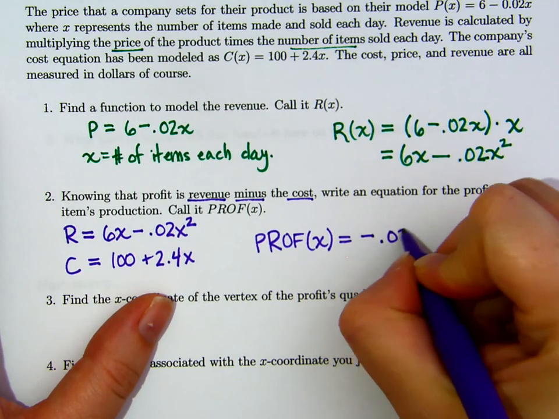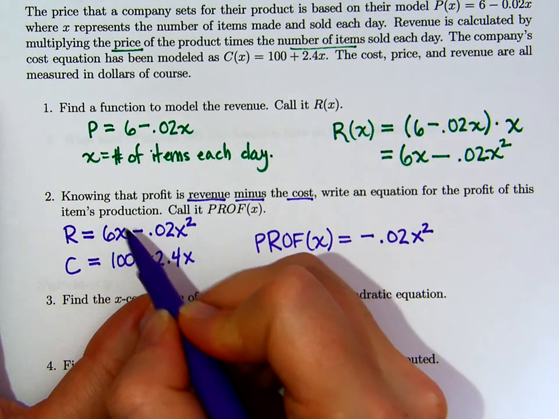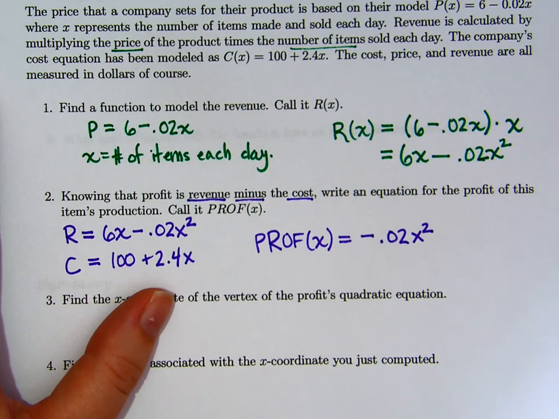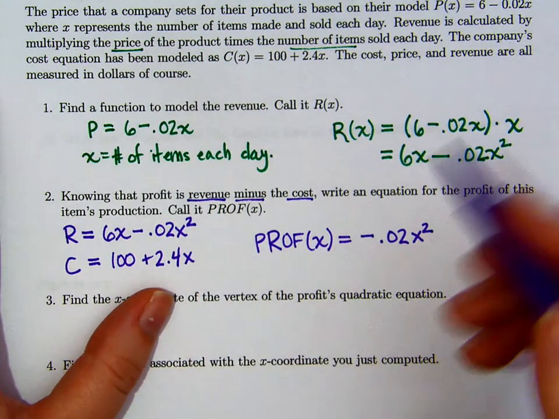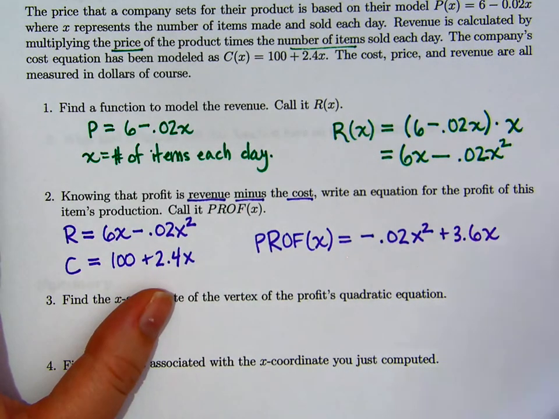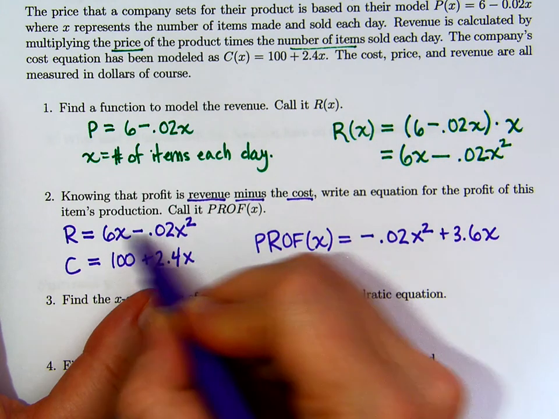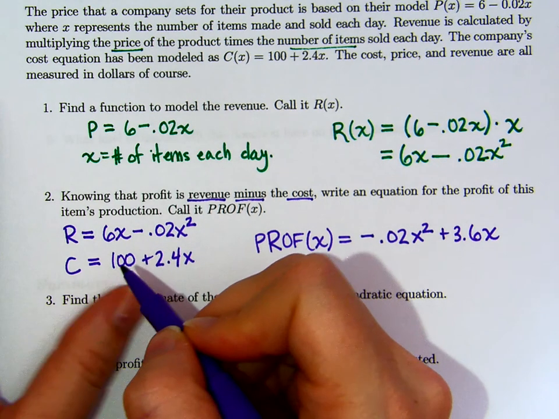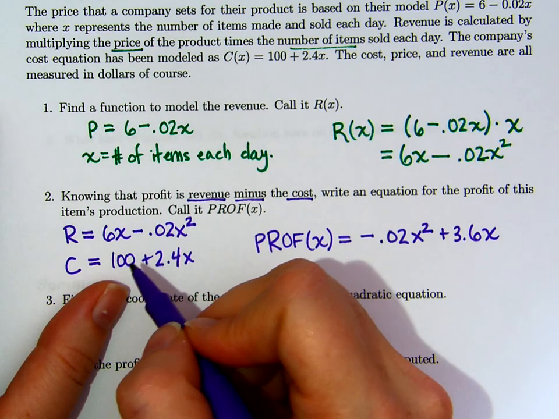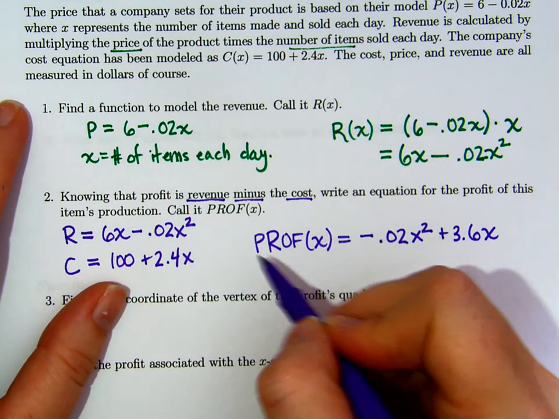Negative 0.02x squared. The x's, though: we have 6x and we take away 2.4x, so 6 minus 2.4 leaves us with 3.6x. Now there are no non-x terms in the revenue, but we have to take away this cost of $100. Remember that this 100 is not going to be positive. That won't increase our profit.